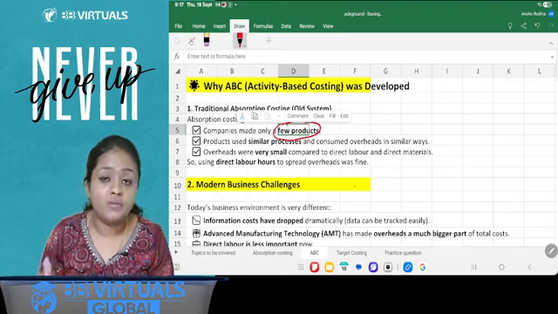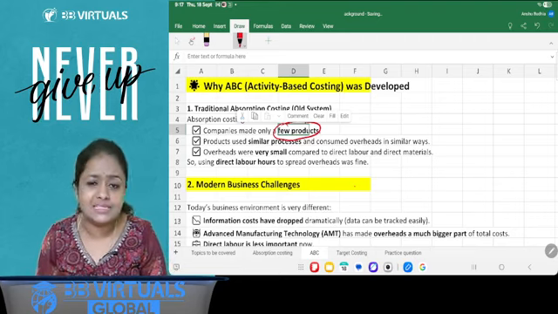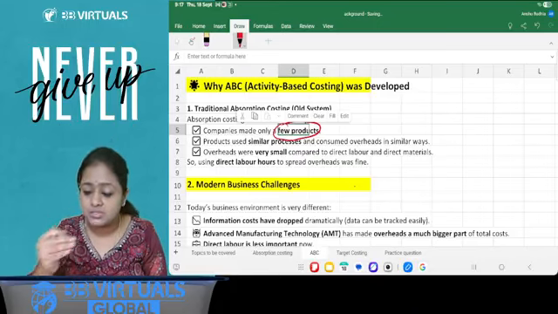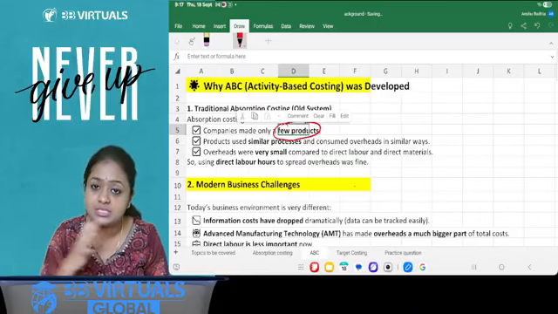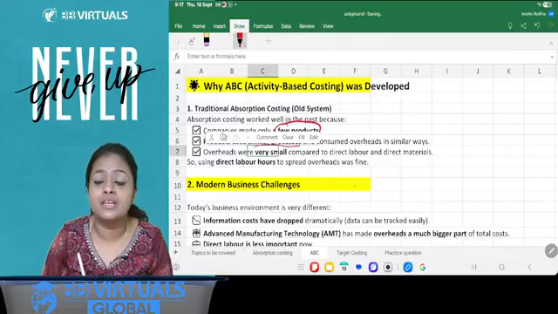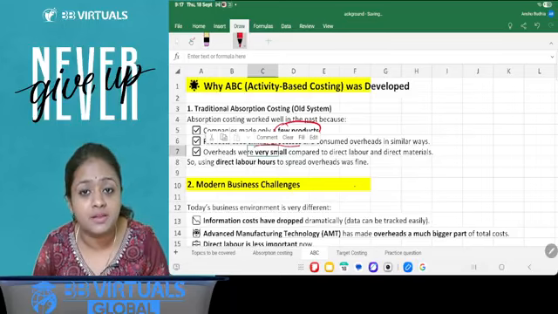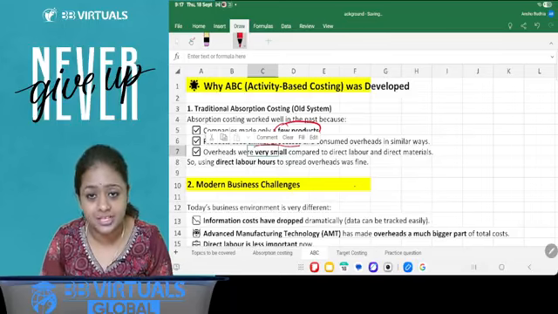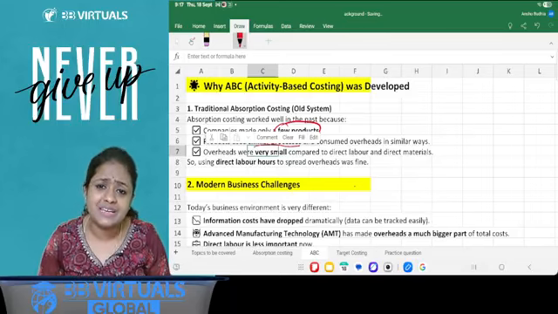Products were generally homogeneous, processes were very similar, so the overheads were almost similar for all the products. And all products generally consumed overheads in a similar way. We never had such a mismatch. Okay, because everything was very simple.